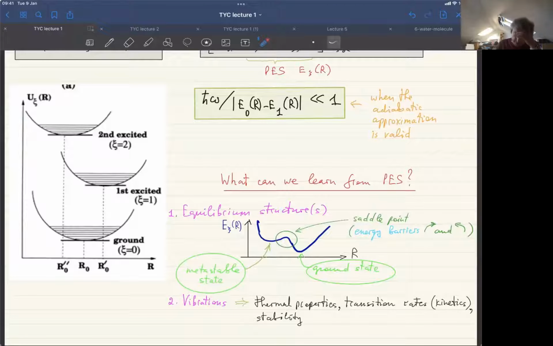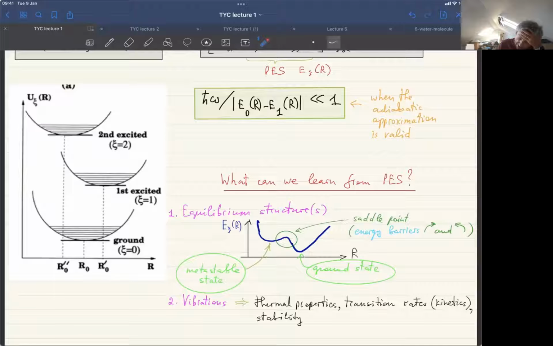So by studying this potential energy surface as a function of the nuclear positions, we can learn about the structure of our system in the space of nuclear arrangements: where the minima are, how deep they are, how many of them are there. Also, we can look at the barriers separating different minima.